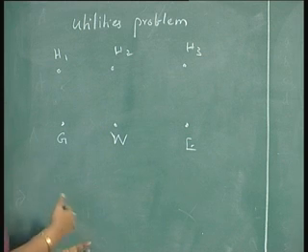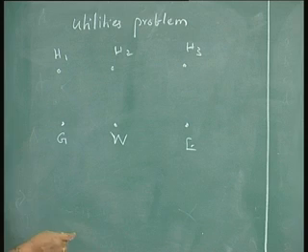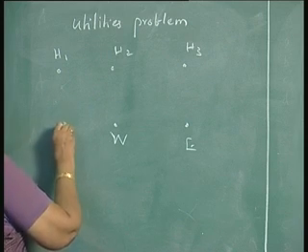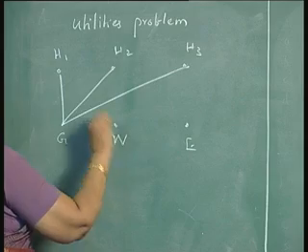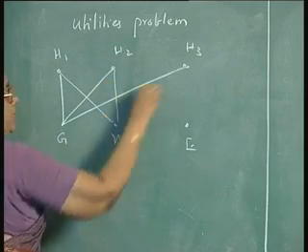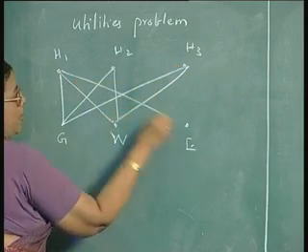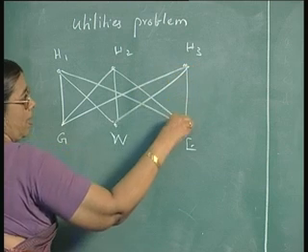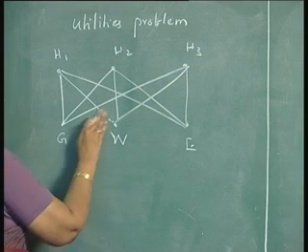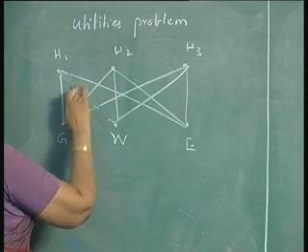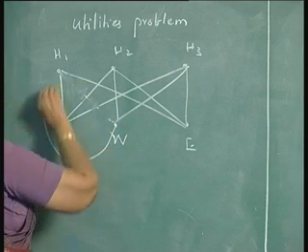So, you have to do it at different levels. Suppose you do it at the same level, and then if you do like this, there are crossings. For example, this crossing you can avoid by connecting like this.